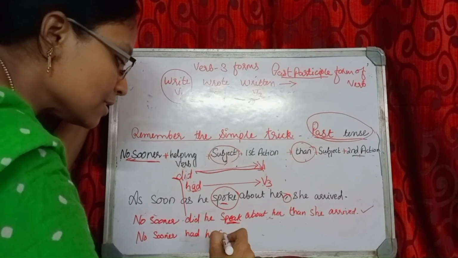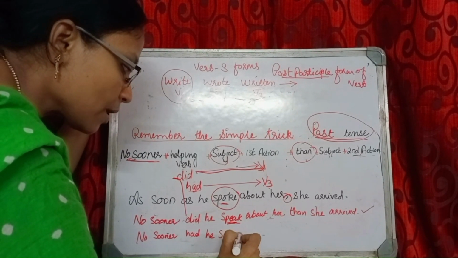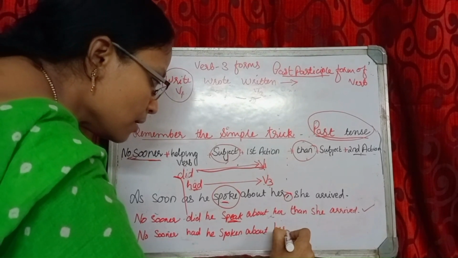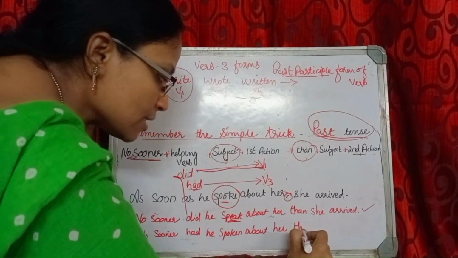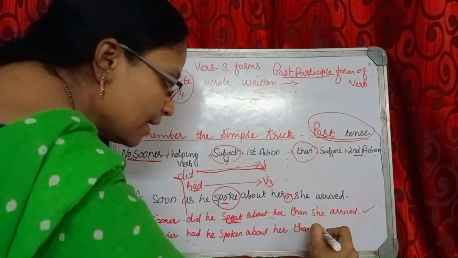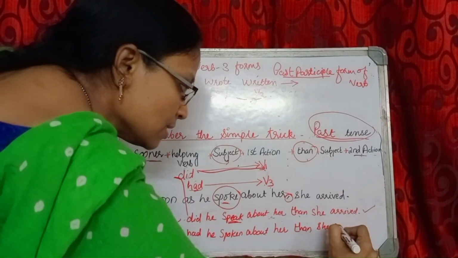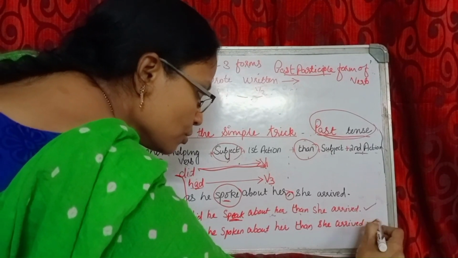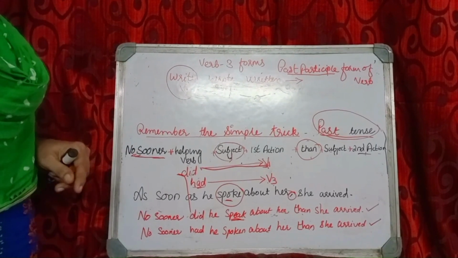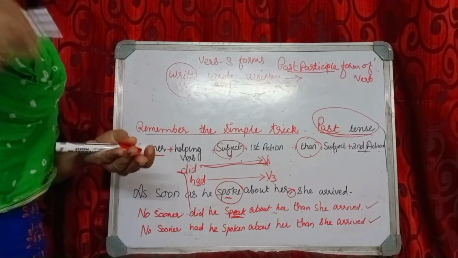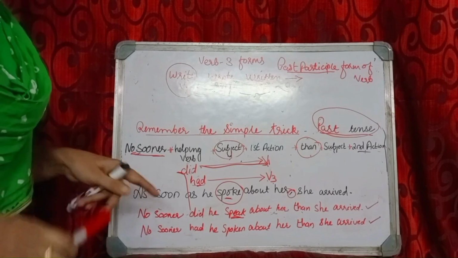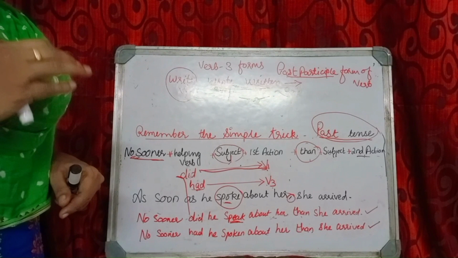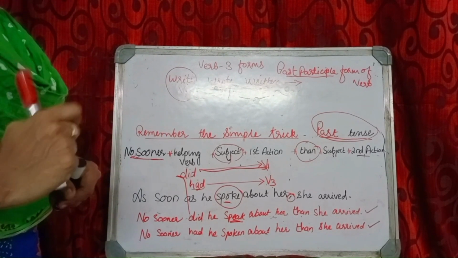"Had he spoken about her", then instead of the comma I have used "than". Then the second action is "she arrived". So both these sentences are correct. If the question is given in simple past tense, these are the two ways to write the correct answer which begins with "no sooner".